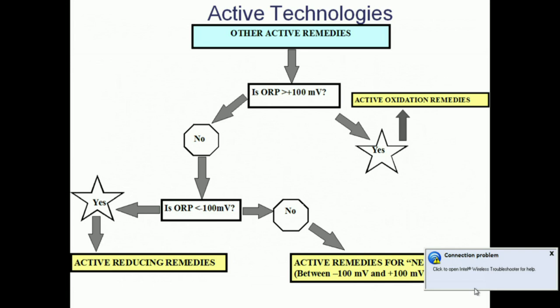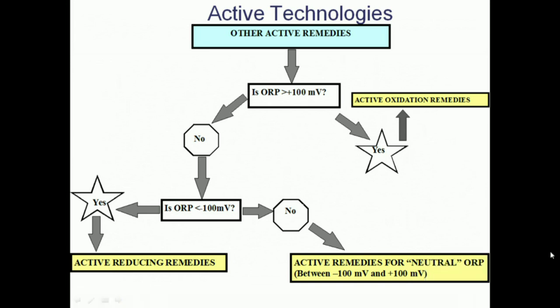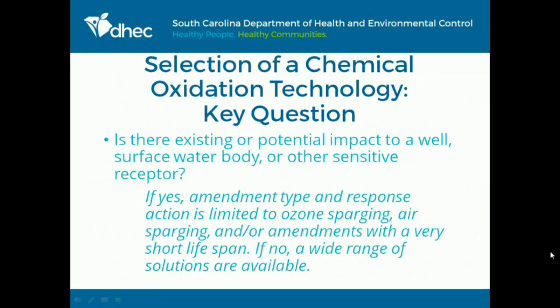So we're moving into active technologies with chemical oxidation. To select a chemical oxidation technology, the key question really is: is there an existing or potential impact to a well, surface water, or other sensitive receptor? If you do have something that will be affected by injection of an oxidant, it's important to think about the amendment type and the response action.